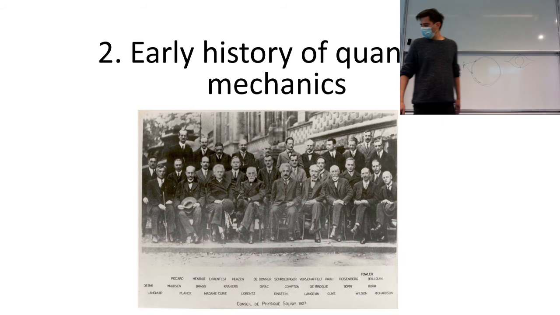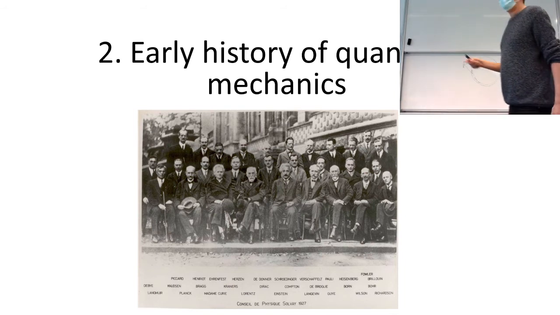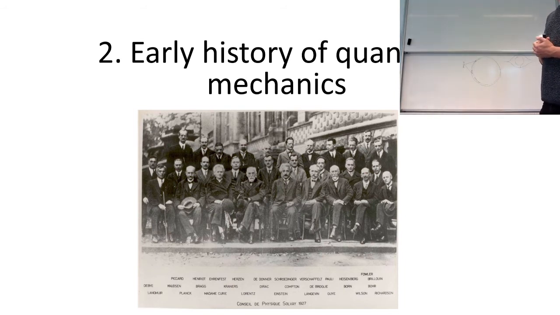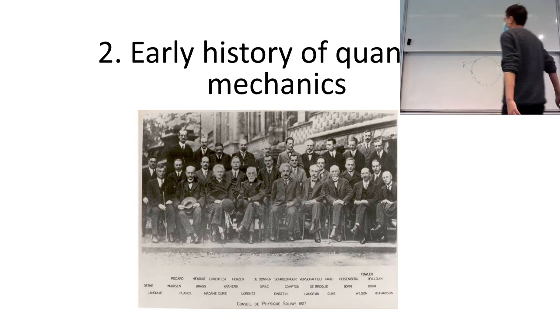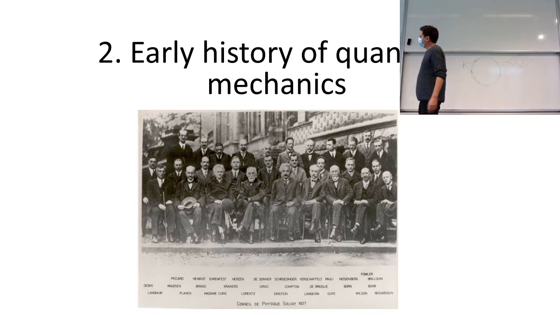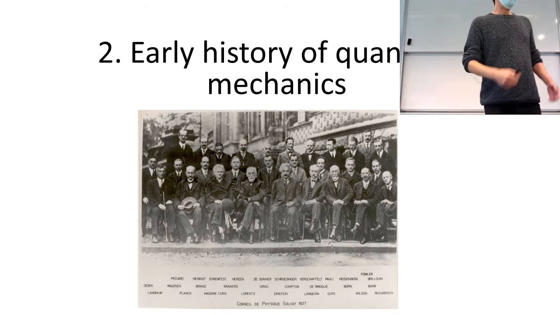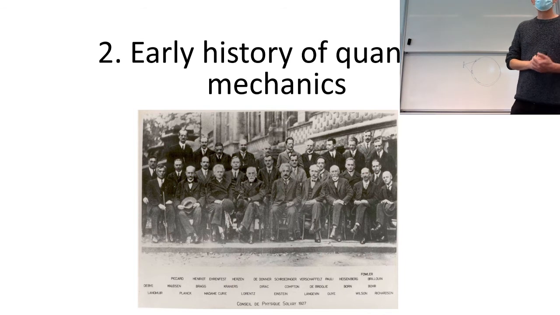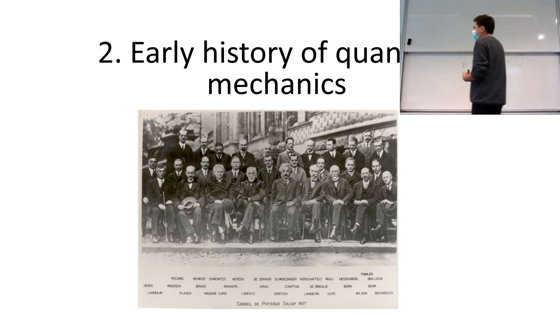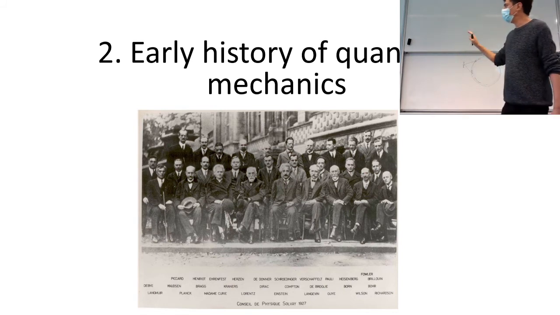Okay, so the first real topic I'm going to talk about in this course is the early history. When you first learn quantum mechanics as a physics student, this is normally where you start.